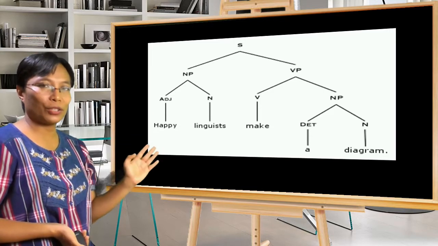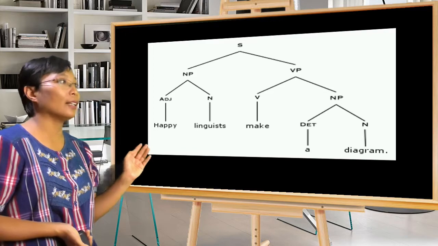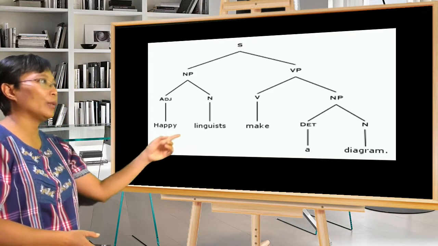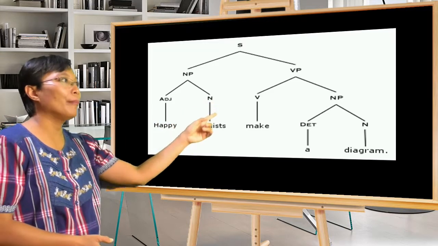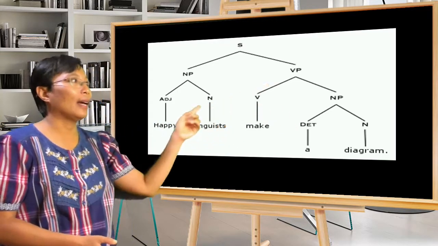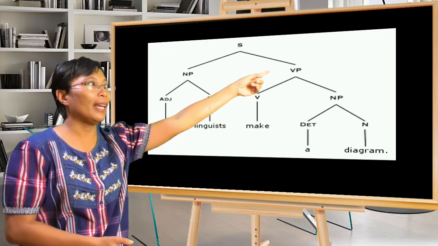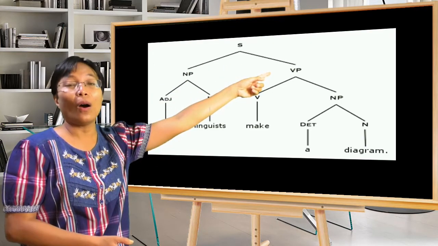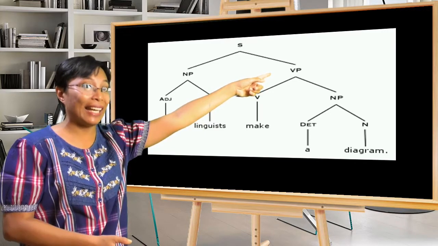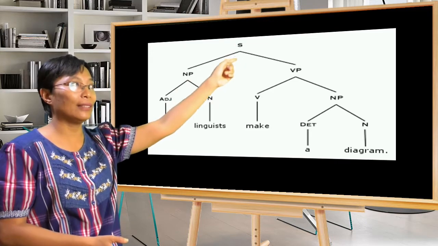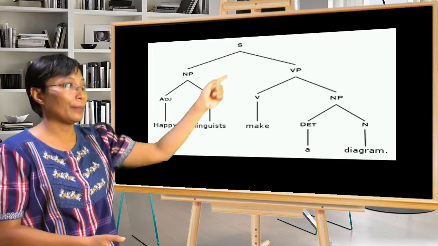It has particular constituents, and the constituents of the sentence can be "happy linguists" and then "make a diagram." Now, "happy linguists" and "make a diagram" are the immediate constituents of the sentence because there isn't any intervening node.